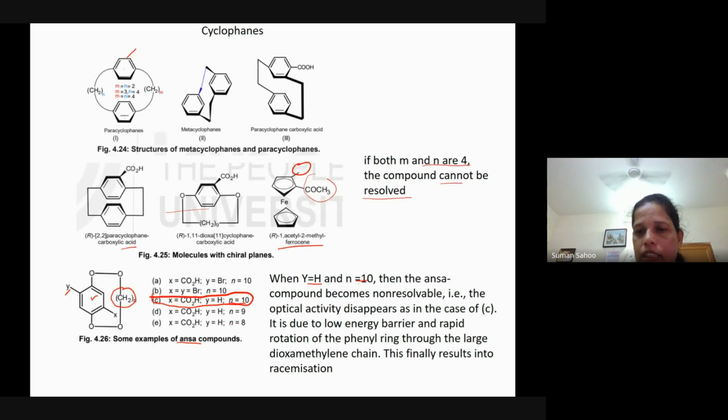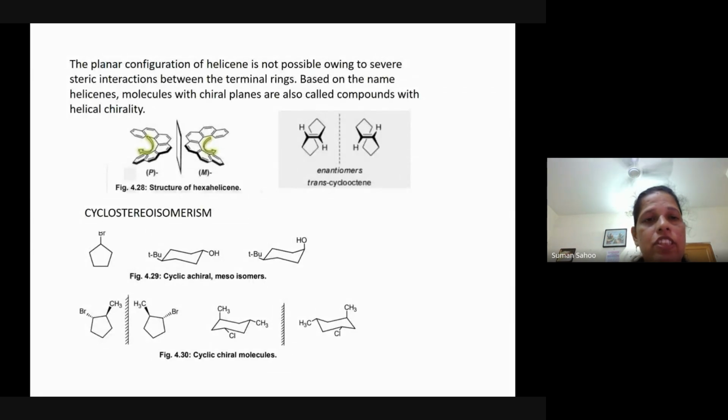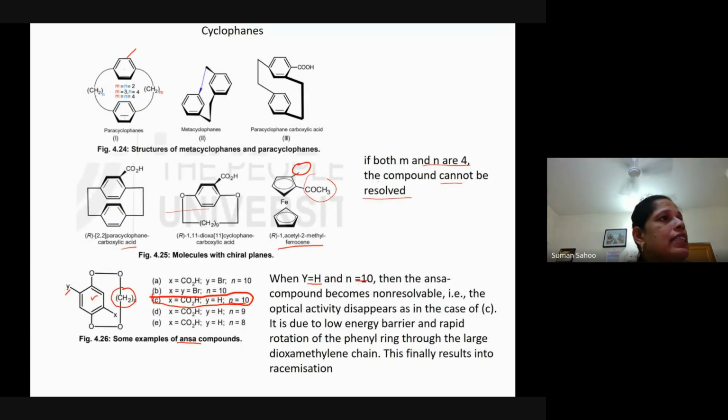But in other conditions, you have a high energy barrier to rotation, so you can resolve the compounds or get a pure enantiomer without resolving. They don't undergo rotation, so it would be resolvable. Next, there is some helicity.